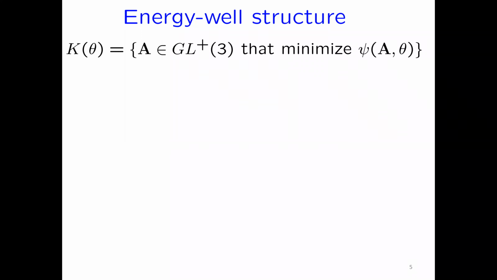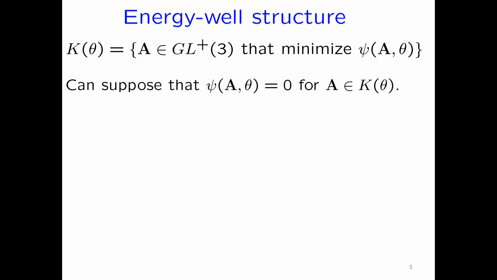So we're going to look at the set K of theta, which is the set of matrices A with positive determinant that minimize the integrand. And we can suppose, just by adding on some function of theta, that C of A, theta is 0 for every A in this set. So C is going to be non-negative, and it's going to be 0 in this set.